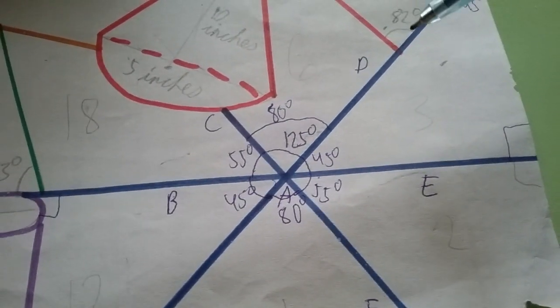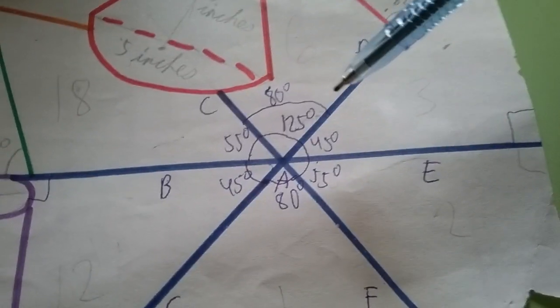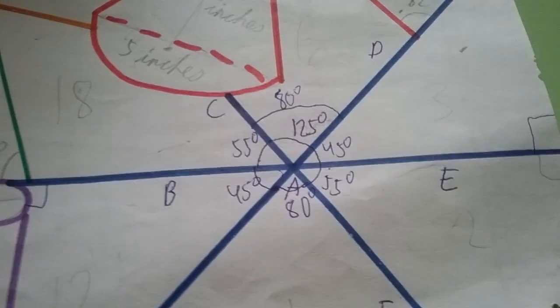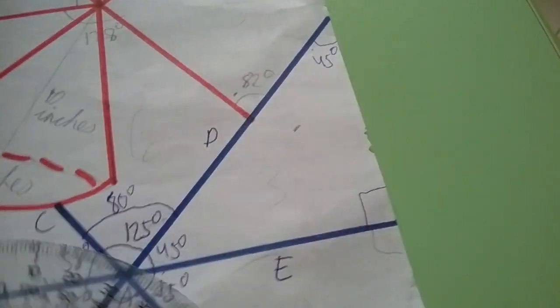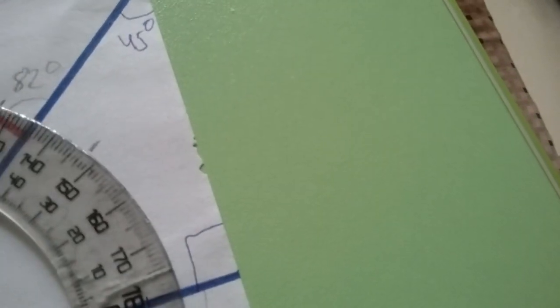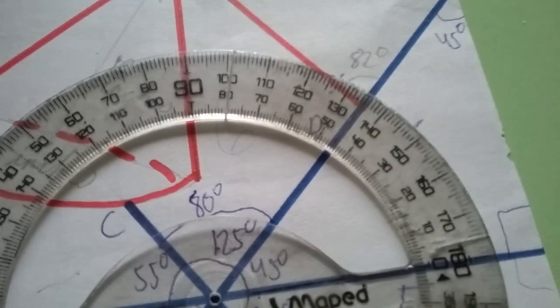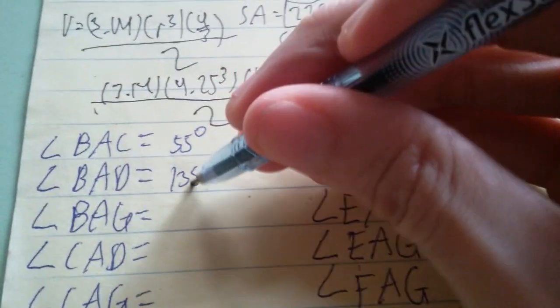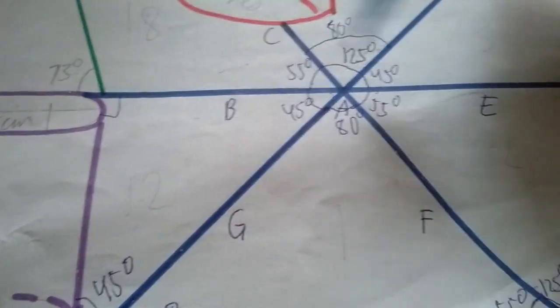Remember this is not 125, this is 80. So 80 plus 55, that should measure 135 degrees. If I were to check with the use of a protractor, yup, this should measure 135 degrees. Absolutely. Next, angle BAG. BAG, dito siya. Yup, 45 degrees.